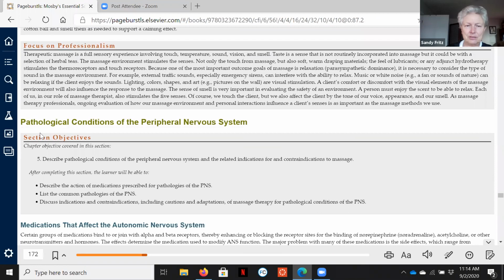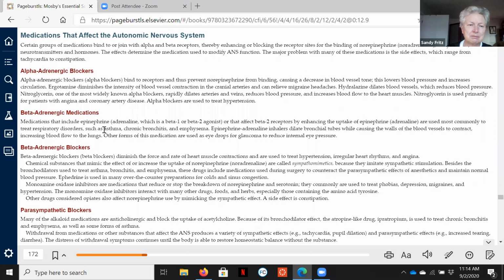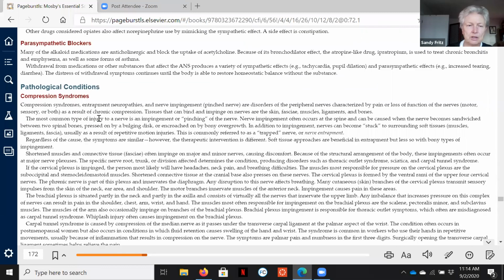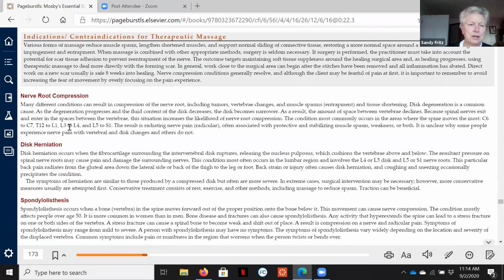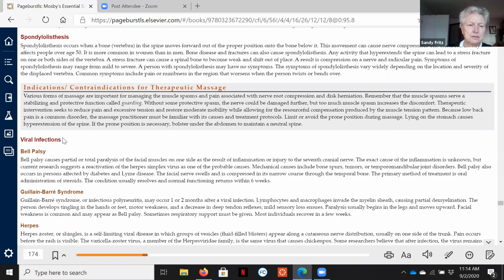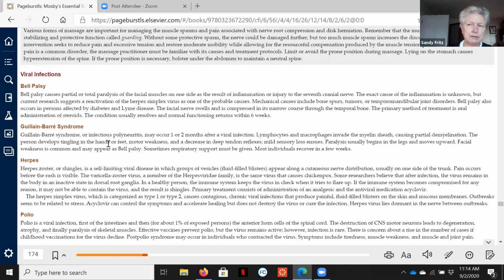And then our pathological conditions, medications, and then our somatic compression syndromes, which I talked about earlier. You need to know these; they are likely going to show up on the exam. Some actual infection. There are viral infections that like to live in the nervous system, and they come out and cause a problem, and then they go hide for a while.